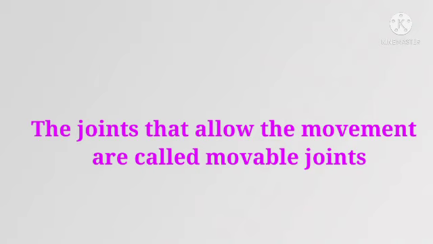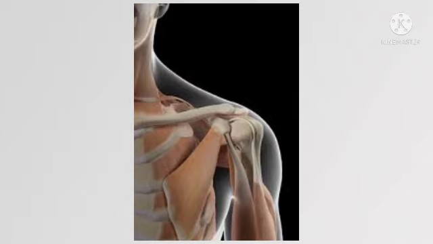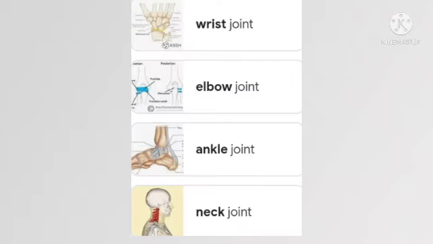So that means they allow movement. Which are the examples for movable joint? Yes, our neck joint is an example for movable joint because it allows movement. Neck joint, shoulder, ankles, wrist, knee, these all are examples for movable joints.